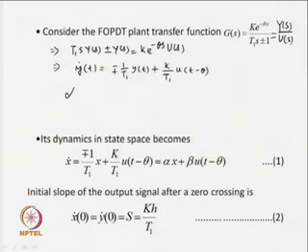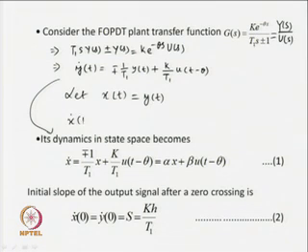When the state variable x(t) is introduced, x(t) equal to y(t), then the dynamic equation in state space can be written in the form of x dot (t) is equal to minus or plus 1 upon T1 x(t) plus K upon T1 u(t minus theta). That is what we have obtained.